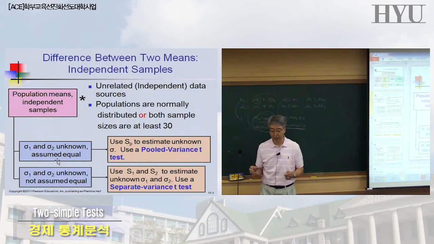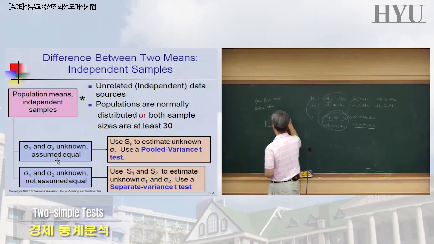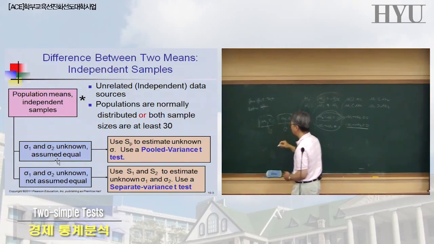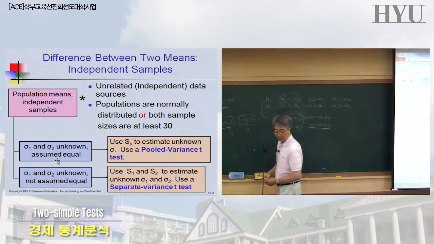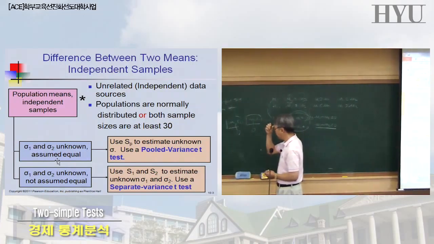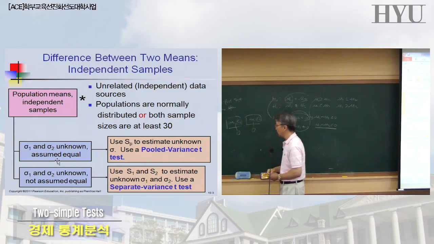So when you have two populations here, and selected the sample here, right? And we have population mean 1, population mean 2, sigma 1, sigma 2, right? Standard deviation or variance, it doesn't matter, right? They're the same thing, right? So can we assume that two populations have equal variance or not?